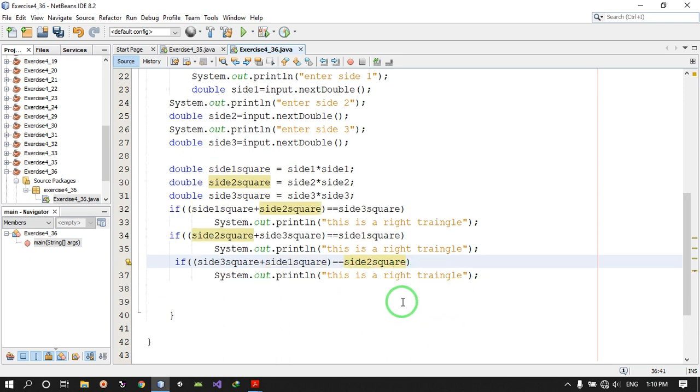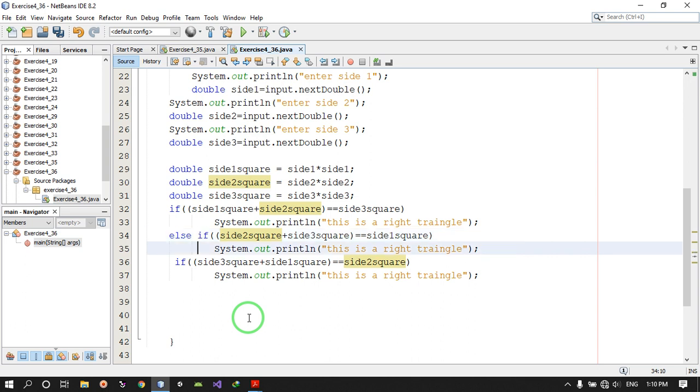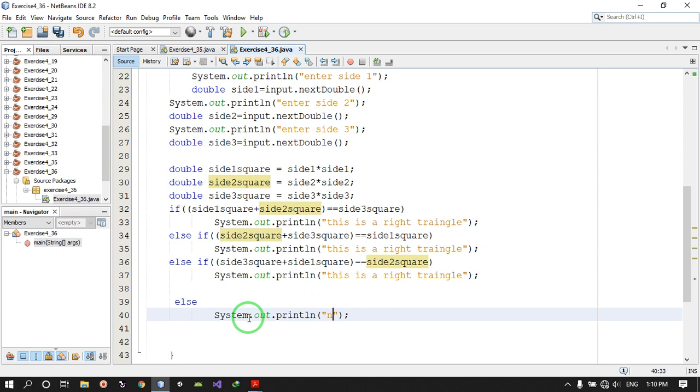So this is also a right triangle. We can put it as else if. Now else, print that it is not a right triangle.